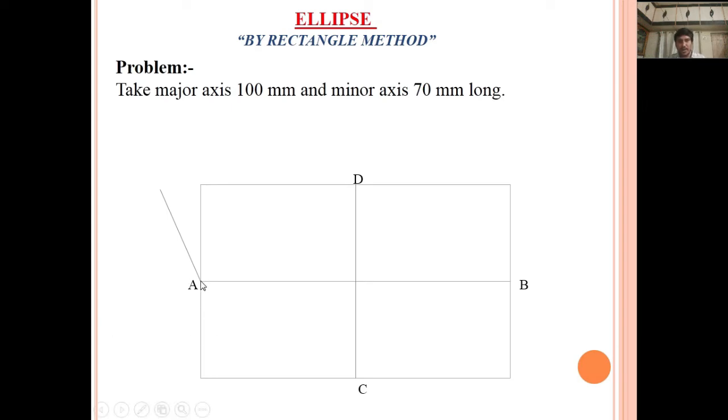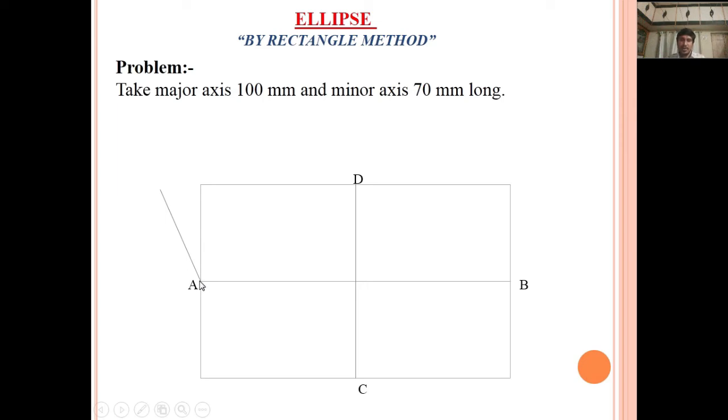Take from point A any angle like 10 degree, 15 degree, 20 degree, 30 degree.